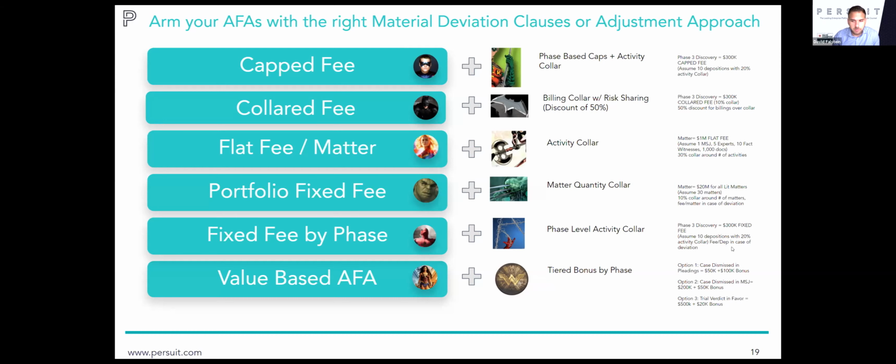So maybe the bonus is less, but the flat fee is higher. And then option 3, you get trial verdict in your favor, $500,000 plus a $20,000 bonus. So you can actually build in multiple options depending on what the outcome may be for that value-based AFA. So we're giving Wonder Woman her shield there with the right material deviation approach.